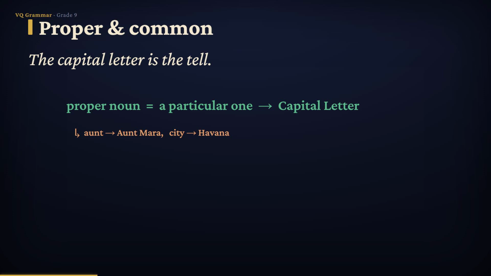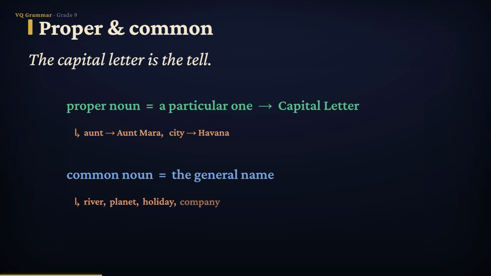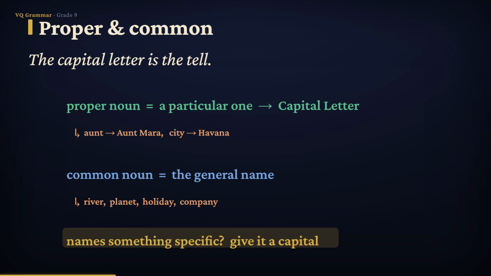A common noun, then, is simply the general name for something. River, planet, holiday, company. None of those points to one specific example, so none of them is capitalized. The rule is short. If a word names something specific, you give it a capital letter.